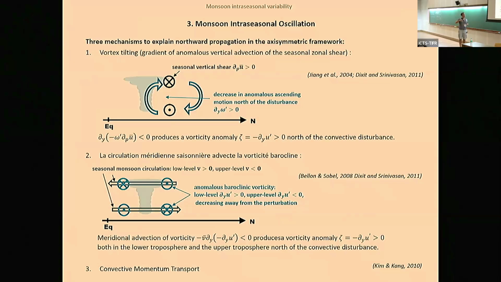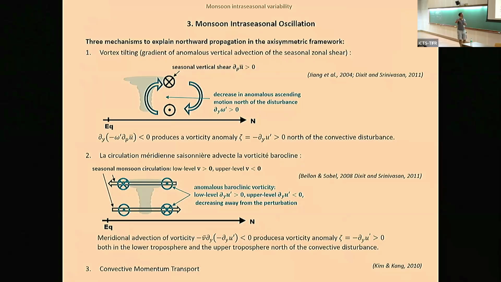And around your convection, you have a baroclinic circulation that's cyclonic, or more exactly cyclonic in the lower level and anticyclonic in the upper level. So the gradient of vorticity is opposite at the top and at the bottom.